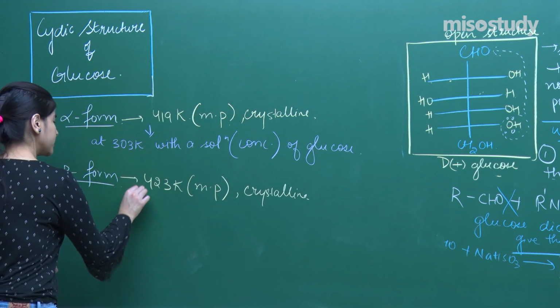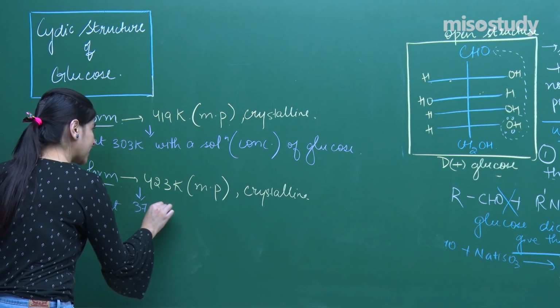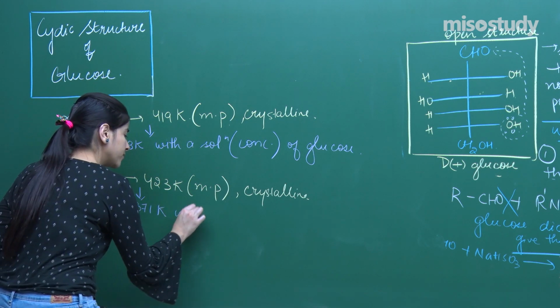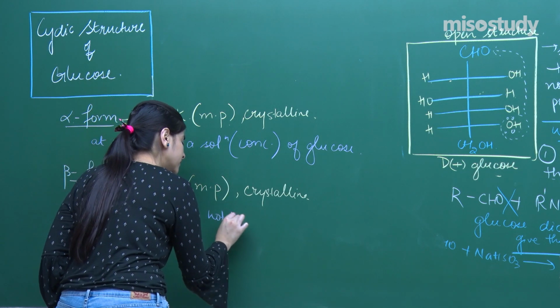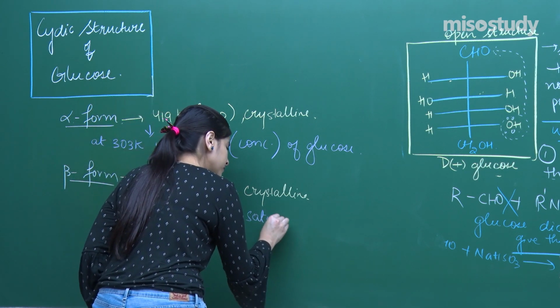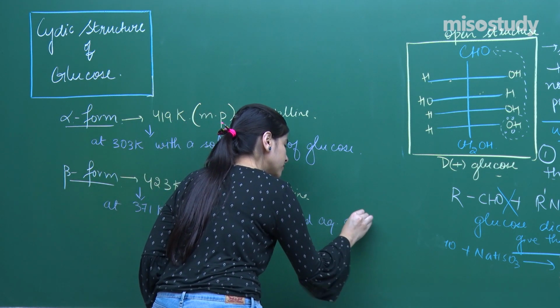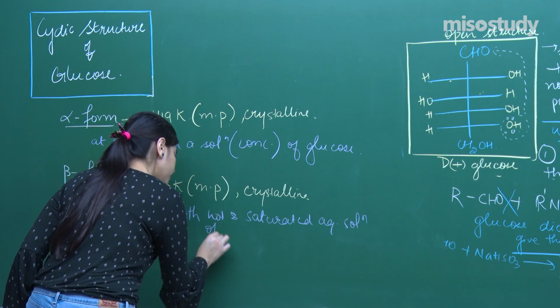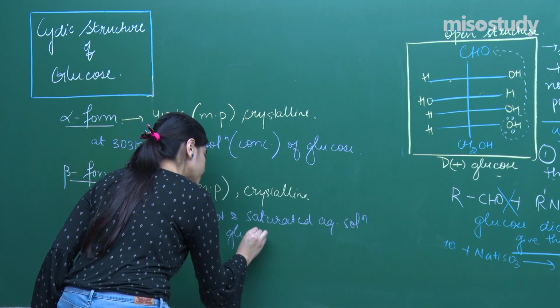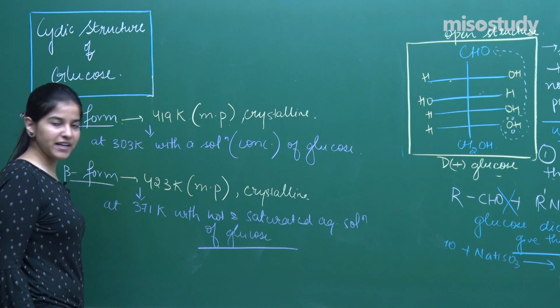The beta form is obtained at 371 Kelvin with a hot and saturated aqueous solution of glucose, right? So I hope everybody is clear with the idea.